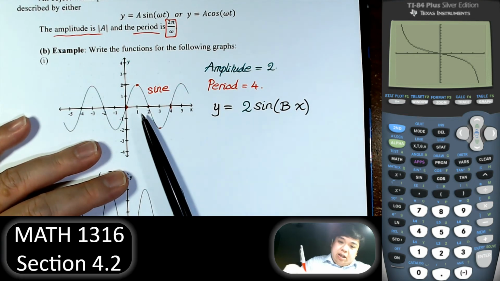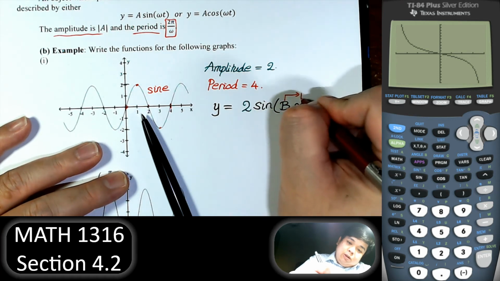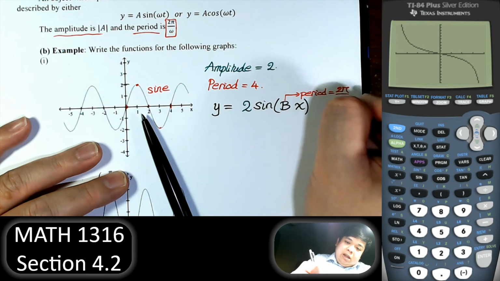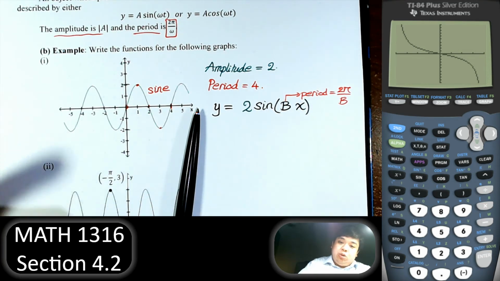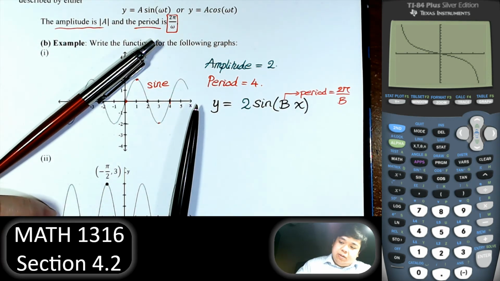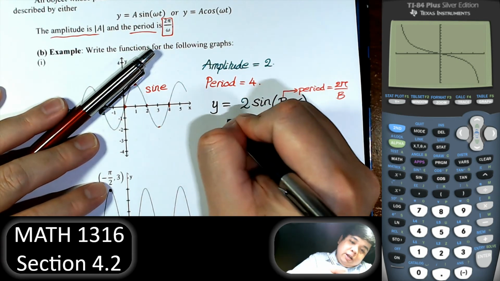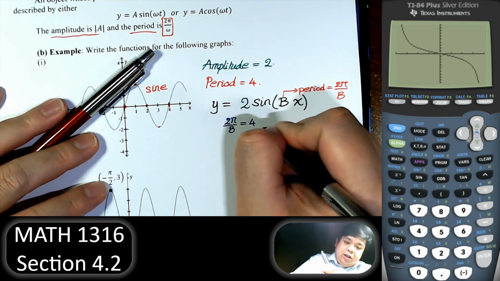So the period for this problem is going to be equal to 2 pi divided by b, if this is the function. Now all we need to do is match those two together. 2 pi over b is equal to 4, right?